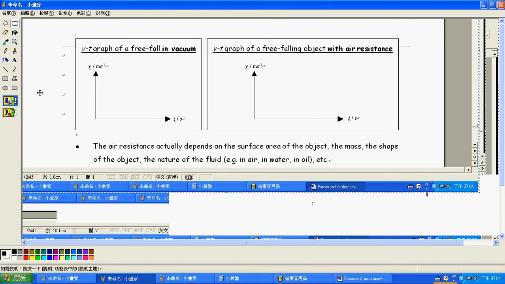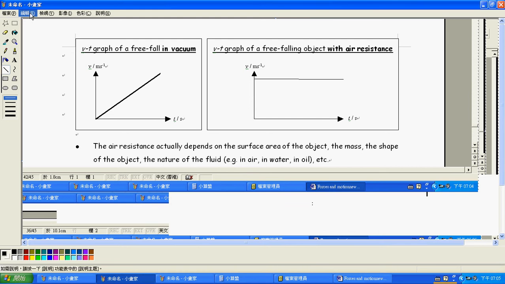So for the left graph, when it falls in a vacuum, we've got that straight line, okay, and the slope is 10 meters per second squared. However, for an object falling in air with air resistance, it will ultimately reach a terminal velocity.